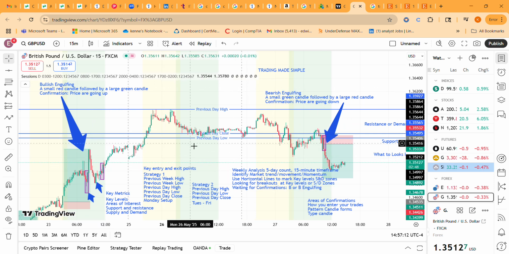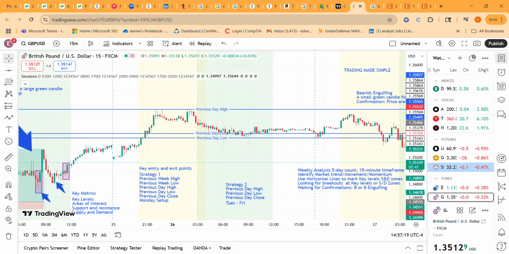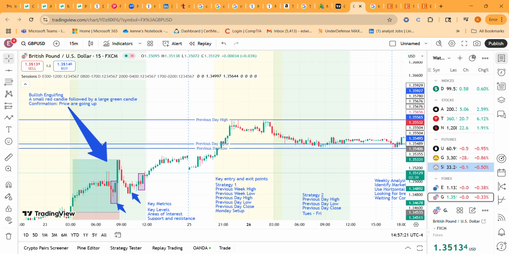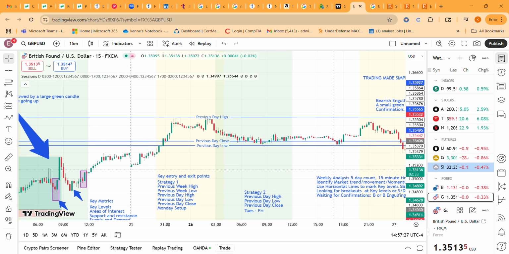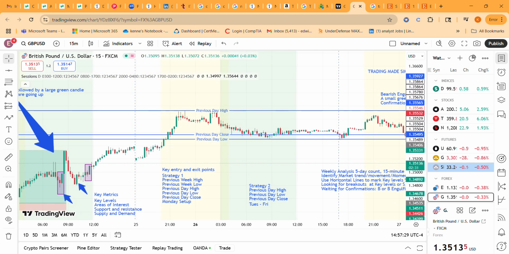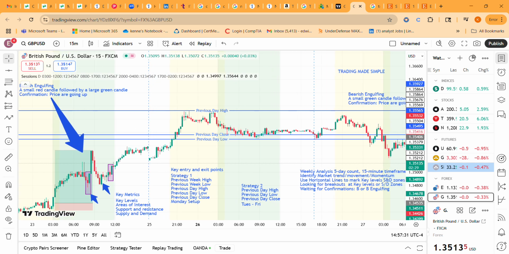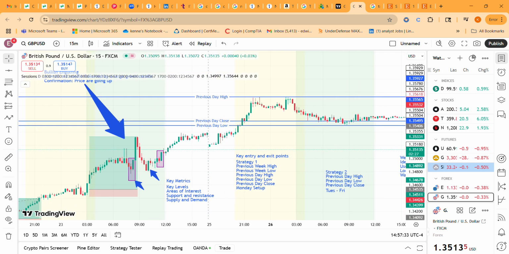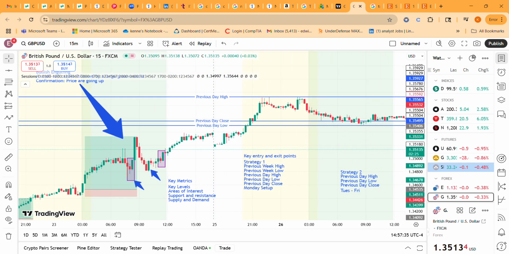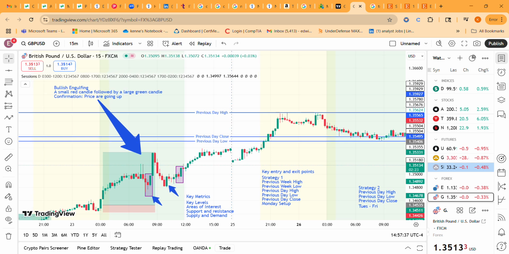So what are the specific candles which would show that we are in a bullish engulfing or a bearish engulfing pattern? We're looking for patterns, right? Let me just increase the chart here.